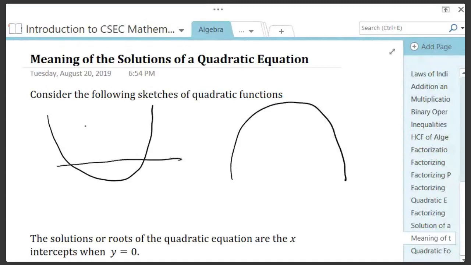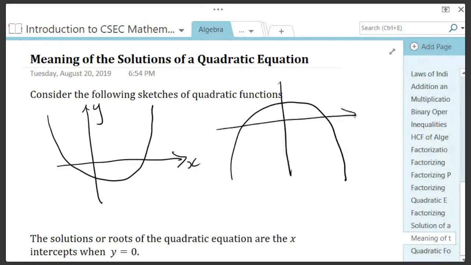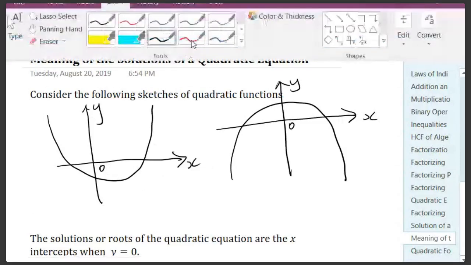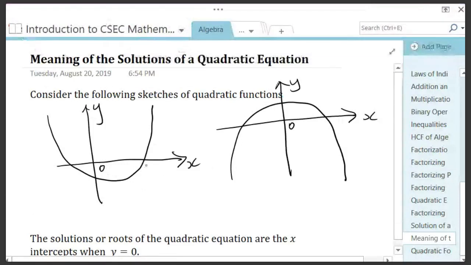All right? And this is your x-axis. This is your y-axis. This is the origin. Okay? And what I want you to see here is that when we solve for the roots or the solutions for a quadratic equation, remember, it is always equal to 0 because the general form of the quadratic equation is ax squared plus bx plus c is equal to 0.